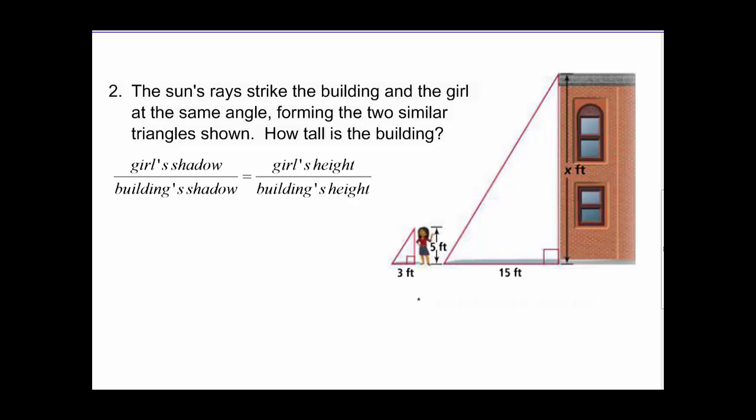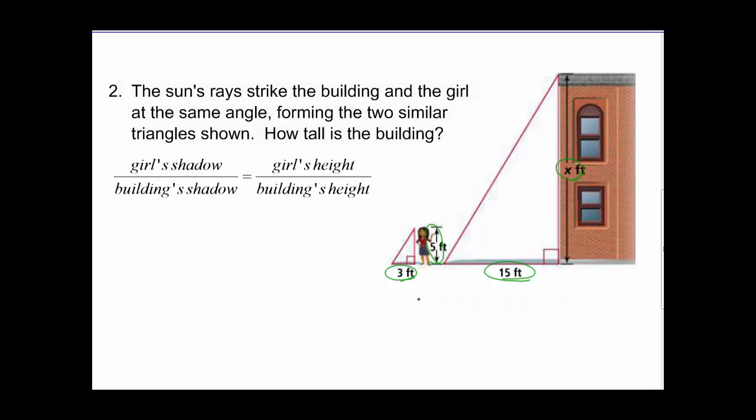Let's say the girl's shadow over the building's shadow should be equal to the girl's height over the building's height. The reason we're using the shadow and the height is we have 3 feet for her shadow. We know the girl is 5 feet. The building has a 15 foot shadow, so we can solve for x, which is the building's height.